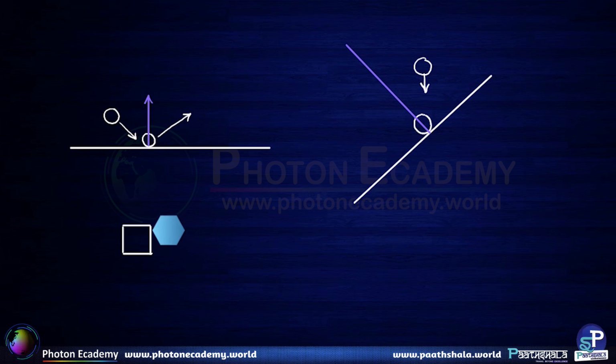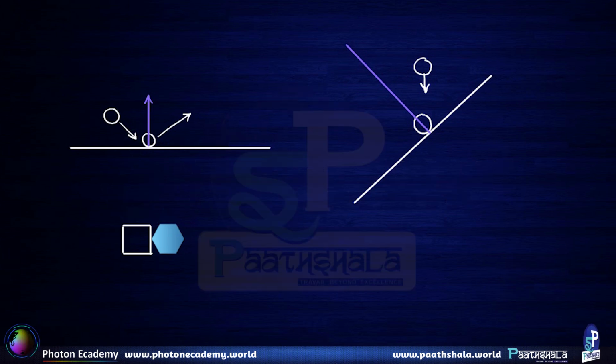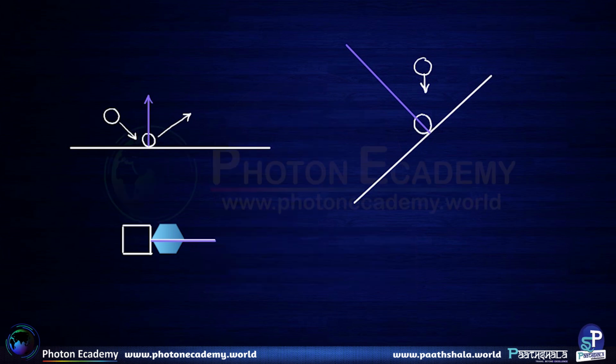So in such a case, the coefficient of restitution equation has to be applied at the point of contact along the line of impact. So here, how would you decide the line of impact? The line of impact is going to be perpendicular to the surfaces of contact. So this is going to be the line of impact. This line is going to be the line of impact basically. Why? Because the hexagon is hitting along the corner. So the line of impact will be decided as per the normal to the square.